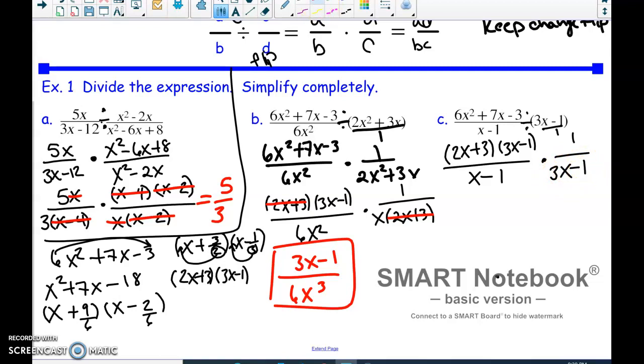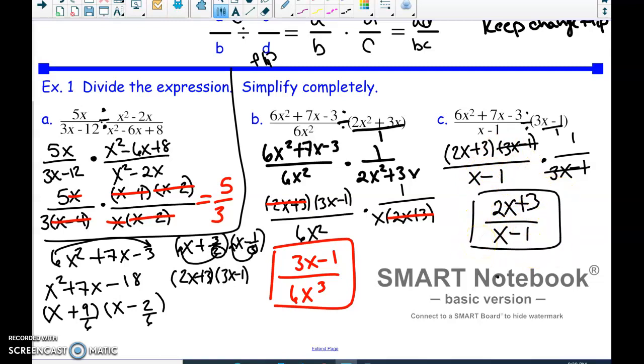Cancel what I have that is alike. I have a 3x minus 1 in the numerator, and I have a 3x minus 1 in the denominator, and then that's all I can cancel. So 2x plus 3 times 1 is just 2x plus 3, over x minus 1, which is just x minus 1.